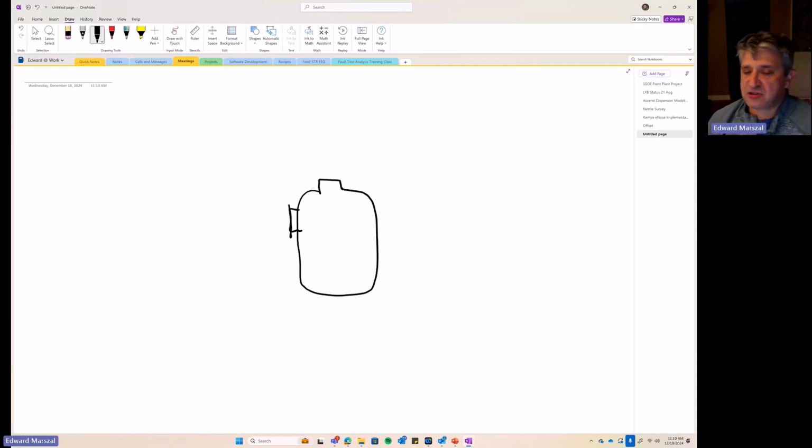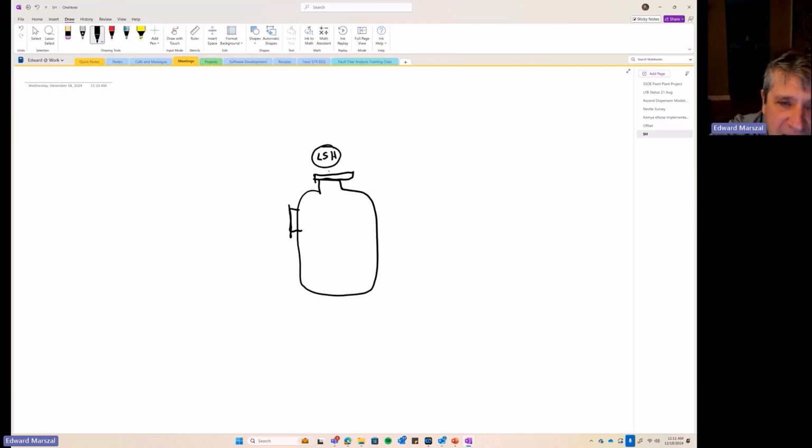I have a safety instrumented function where, if the level goes high, I want to close an inlet valve. And for some reason, the company that built this plant said, you know what I'm going to do? I'm going to take a float type level switch. So this is my sensor for my safety instrumented function.